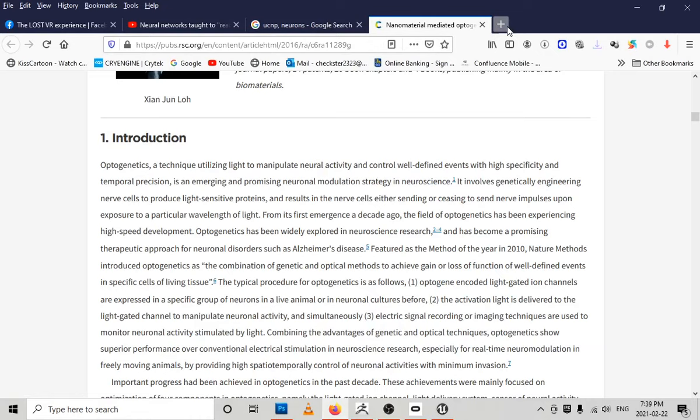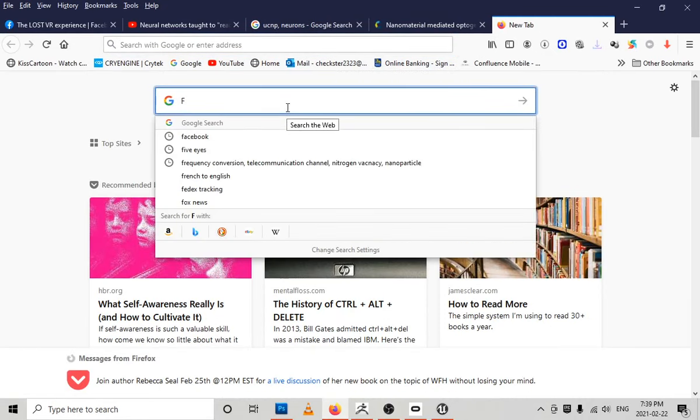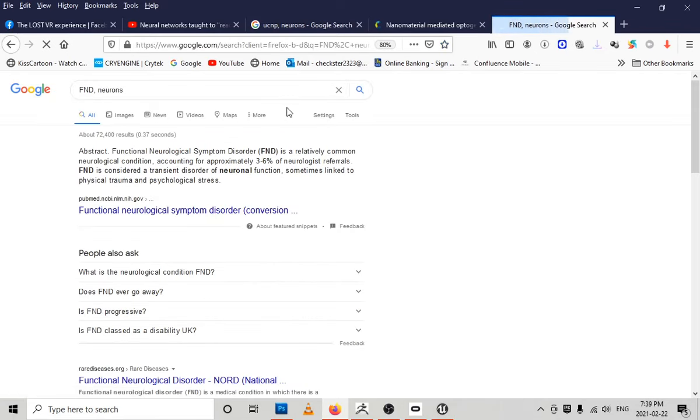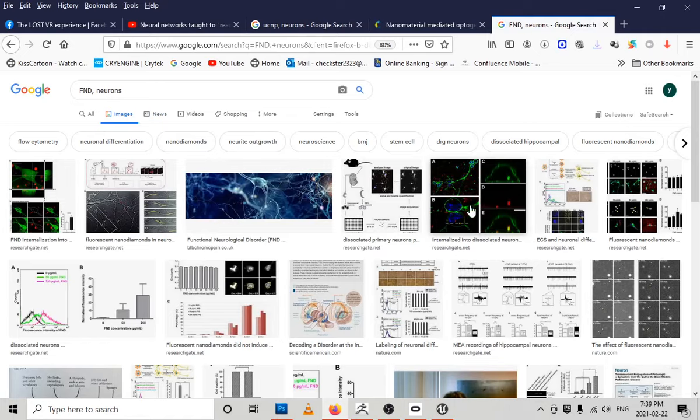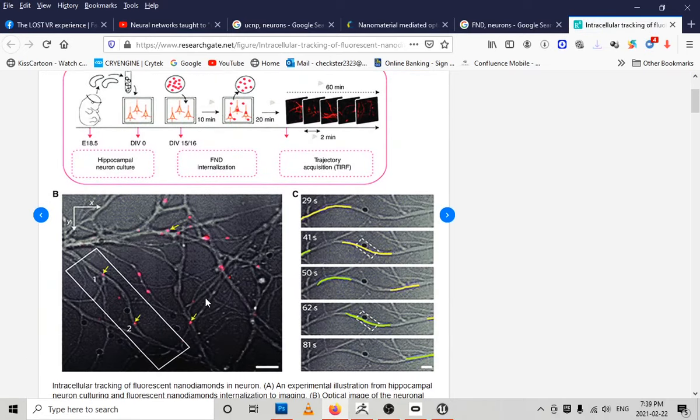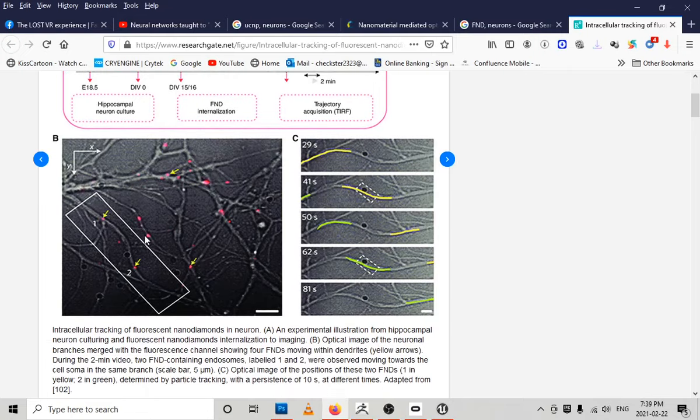We can do the same with fluorescent nanodiamonds inside neurons. Now, if you see these red dots, all these red dots inside this vein, it's actually a neuron and dendrites. These are fluorescent nanodiamonds inside living neurons.